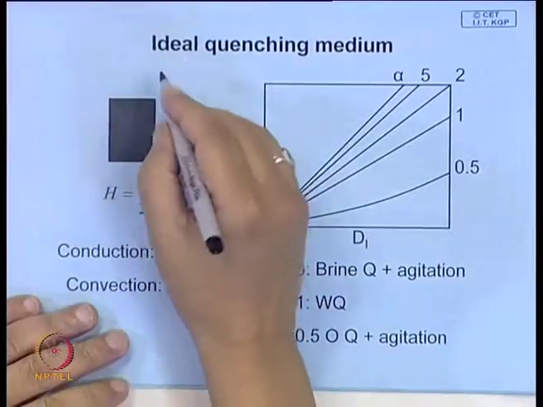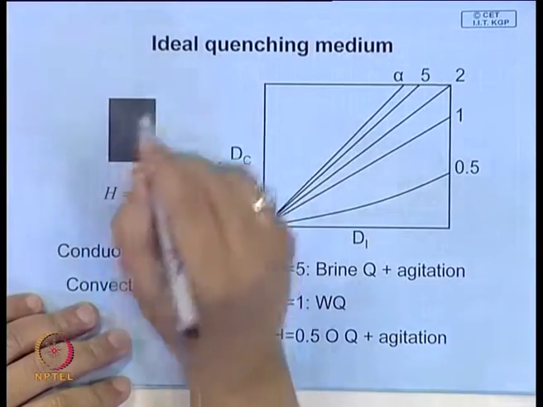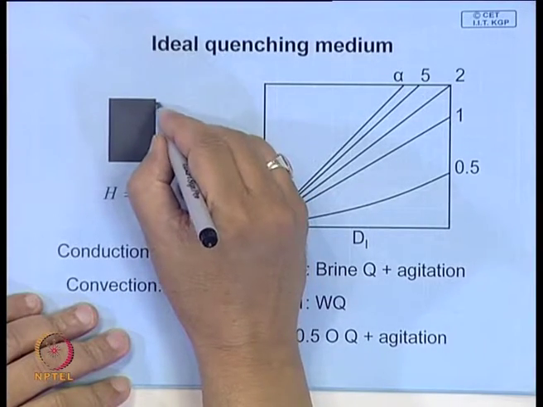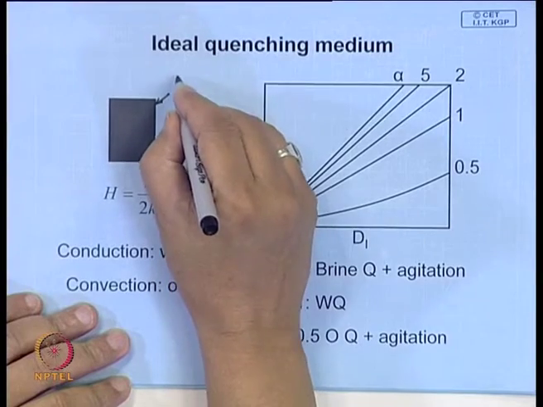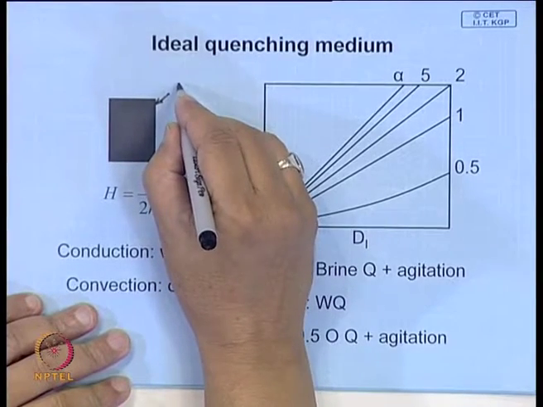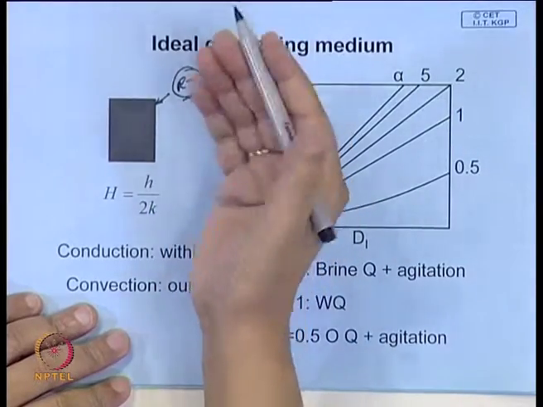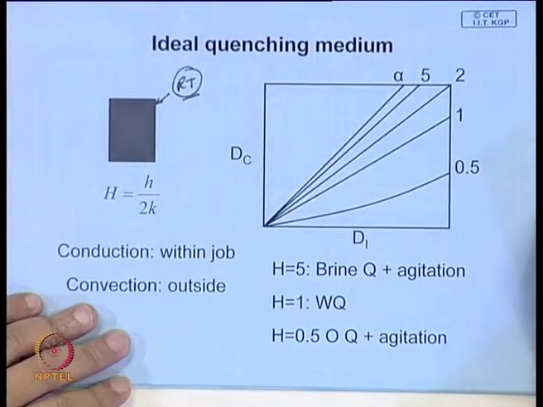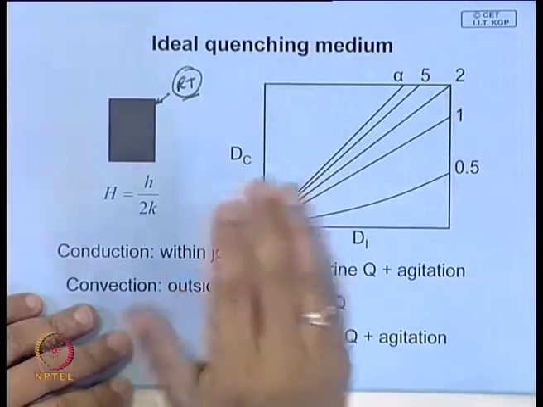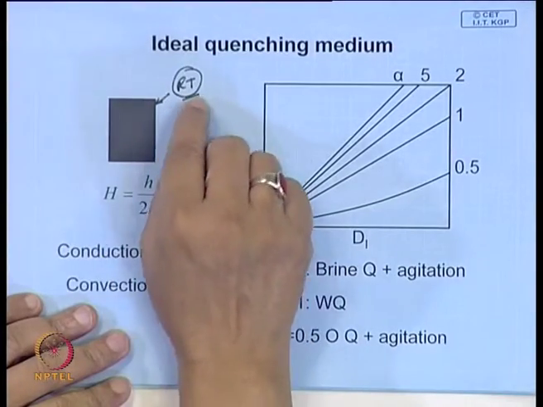Now, think of an ideal medium where, when you quench, the surface temperature comes down immediately to, let us say, room temperature, or 0 degree centigrade, the temperature where transformation is complete, below the Mf temperature.